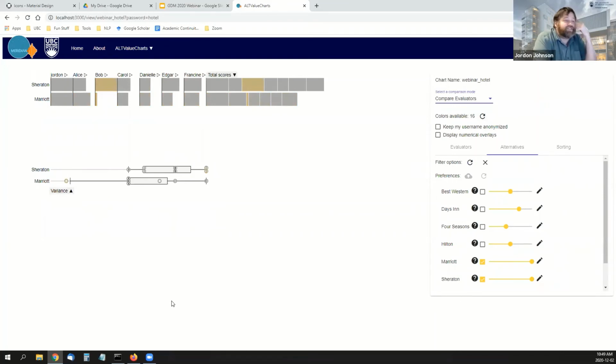And then we come to the decision that we will go to the Sheraton. So that was just a quick demo highlighting some of the functionality associated with this tool.